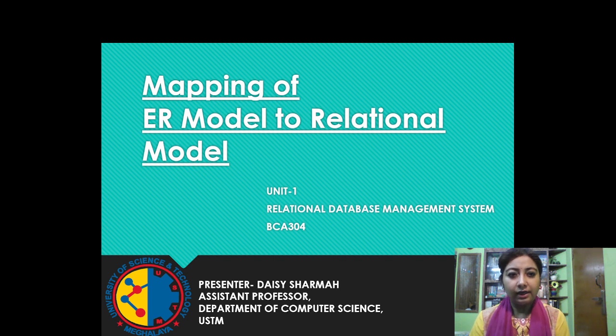The ER model is mainly used to discuss the relationship between the entities. My topic, mapping, is going to discuss the transition from ER model to relational model. So let's see now what the mapping concept is.